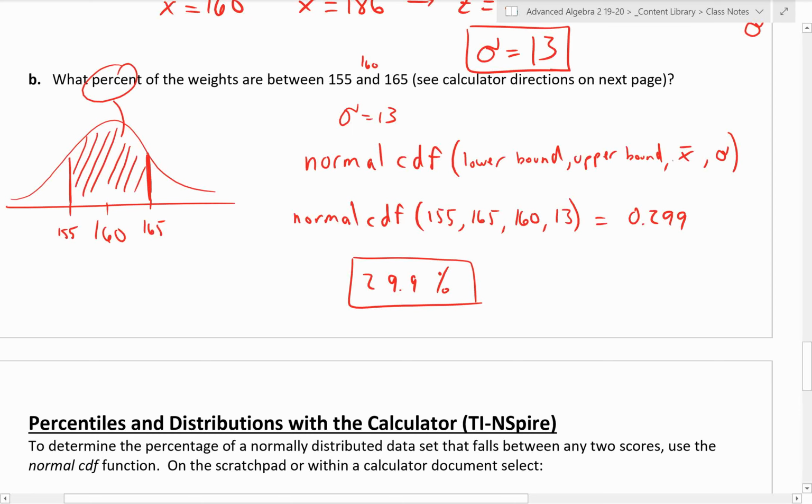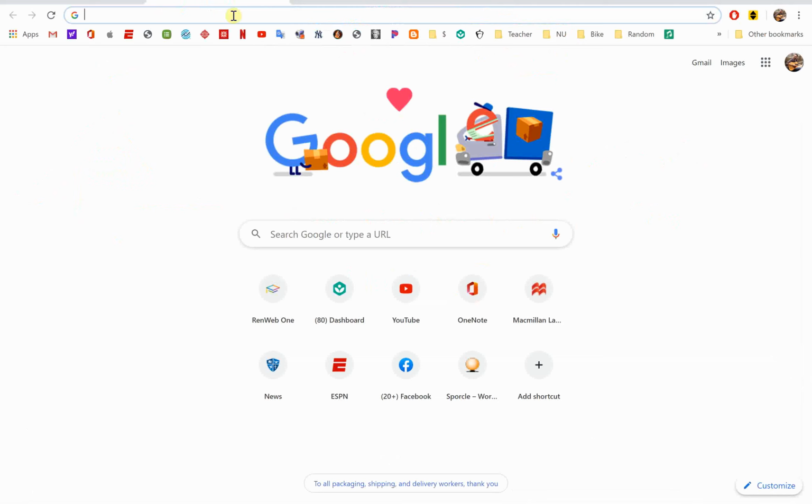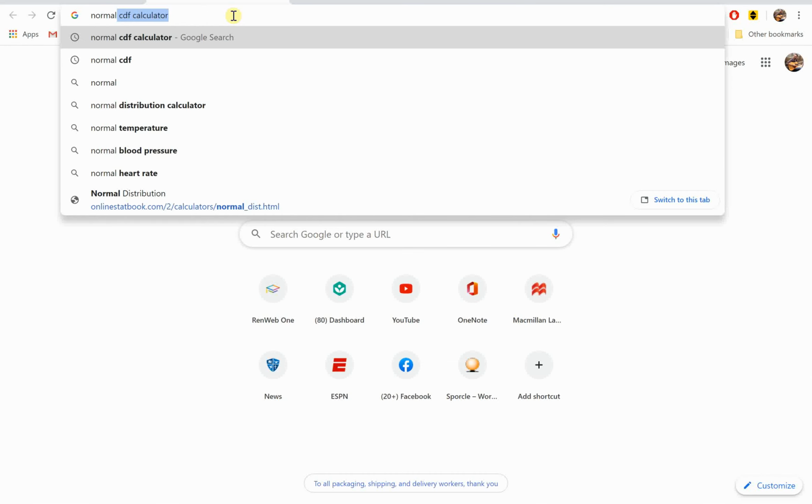Another option that's probably better for most of you, since I doubt most of you have that Inspire calculator: if you have the 83 or the 84 or the 89, the TI calculators, any of those can do this as well. It's a similar series of commands, but you might want to Google how to do it on your particular calculator. Another option is if you don't have a graphing calculator, all these types of calculators are available on the internet, so you could just do normal CDF.